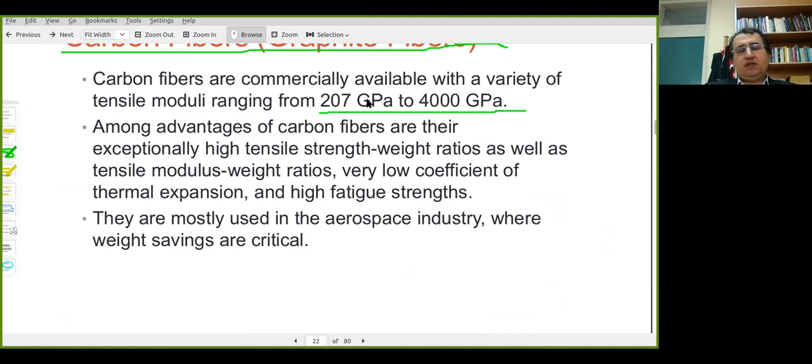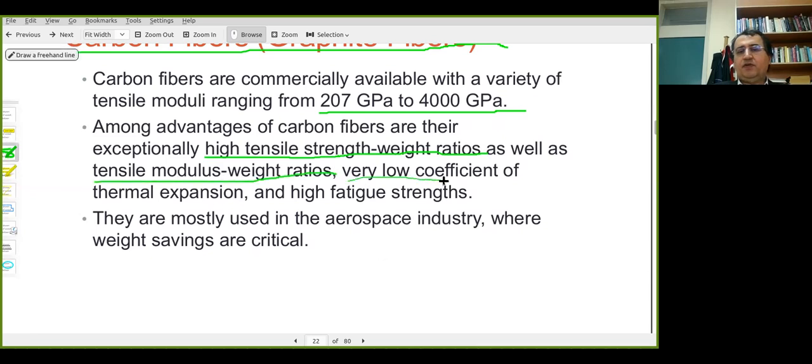And therefore, there is a wide range and even higher elastic modulus values can be attained. And it's possible to produce materials with high specific strength and high specific modulus.